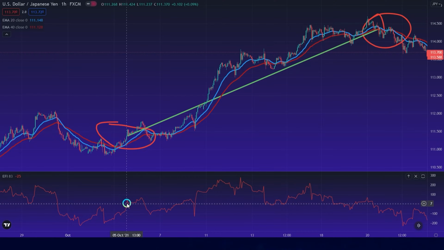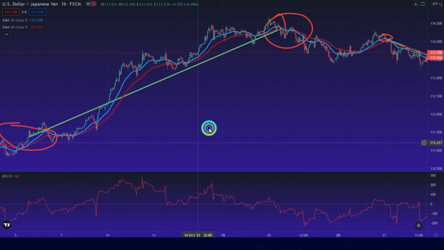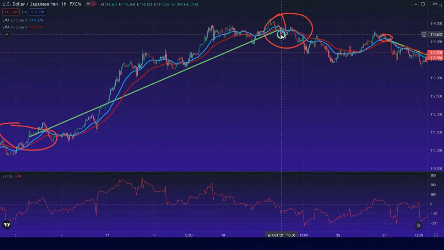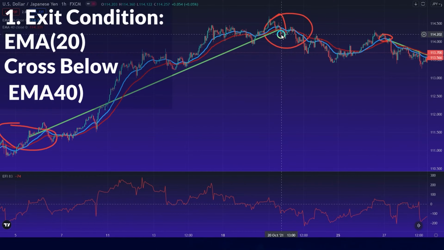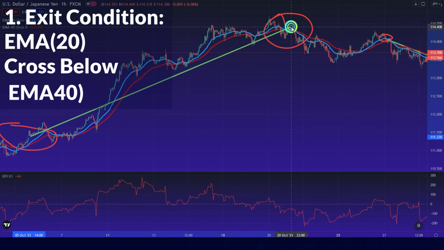We took a buy trade, and our exit rule is actually really simple, because we exit the markets when, and this is our first condition, we have 3 conditions, we can exit the markets when a 20 period exponential moving average crosses below a 40 period exponential moving average.